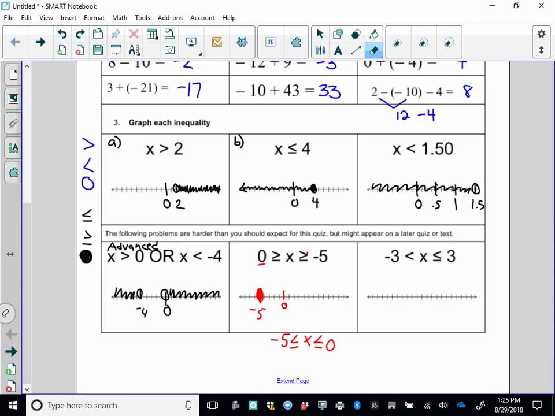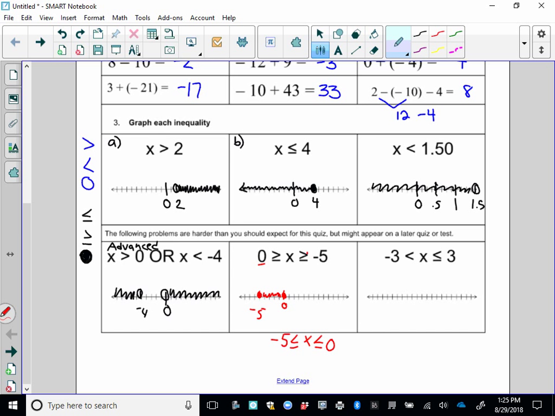I'm going to make that dot a little smaller so we can actually see better. So bigger than or equal to would be closed, but less than or equal to 0, closed, and everything in between, shaded.